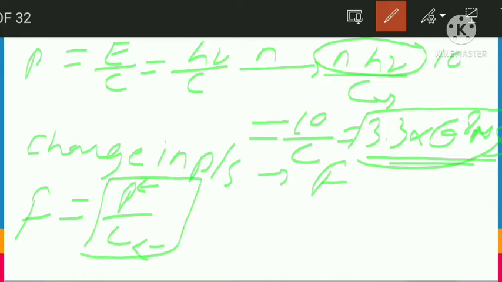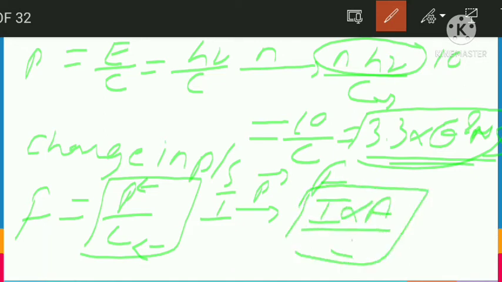Sometimes intensity is also given to us, so in that case, to change intensity to power, we have intensity times area upon c. So you have to remember these two formulas. Simply remembering the first one is enough: force equals power of the source upon speed of light. So friends, I think this question is clear, so we can move to our next question.